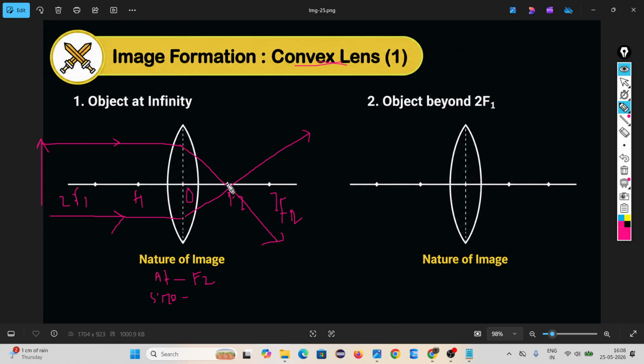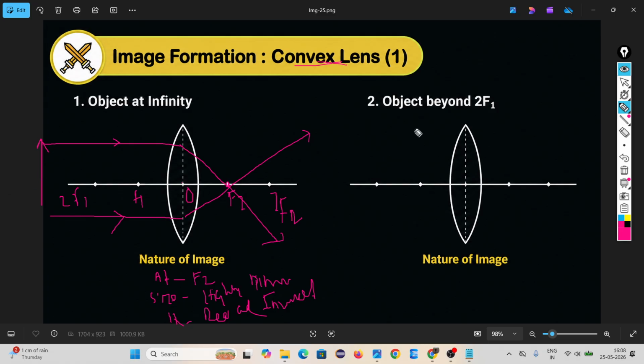Size? Highly diminished. And look, they are meeting, so the nature is real and inverted. Okay, you understand?